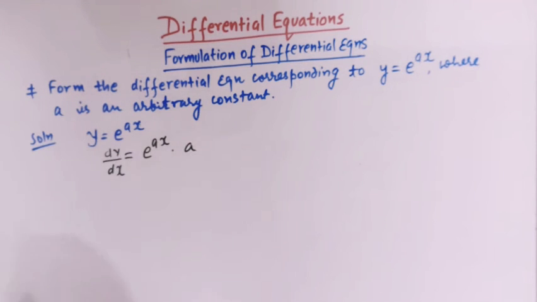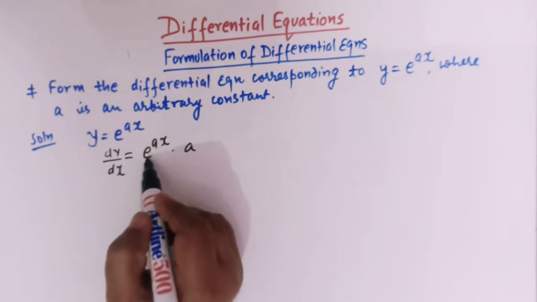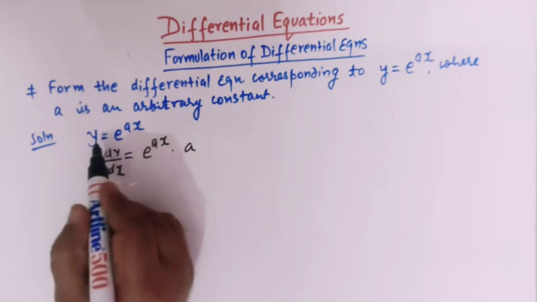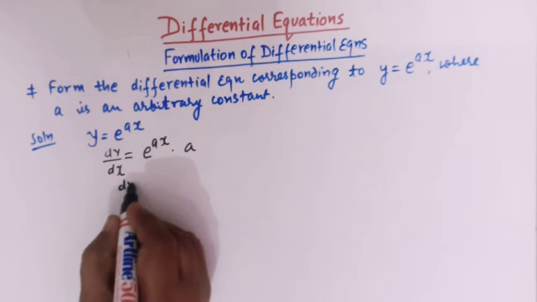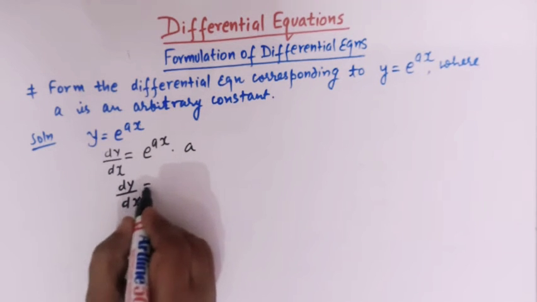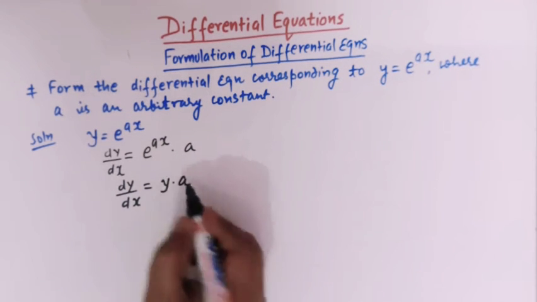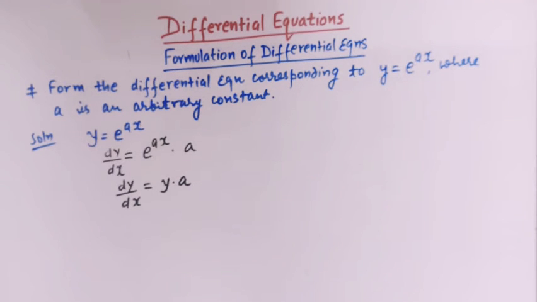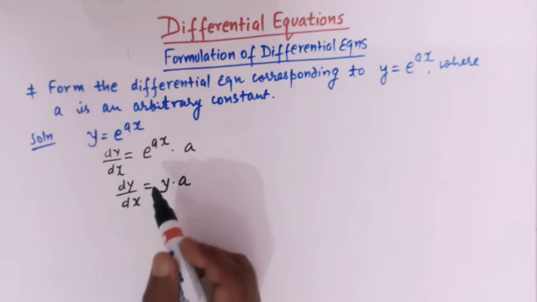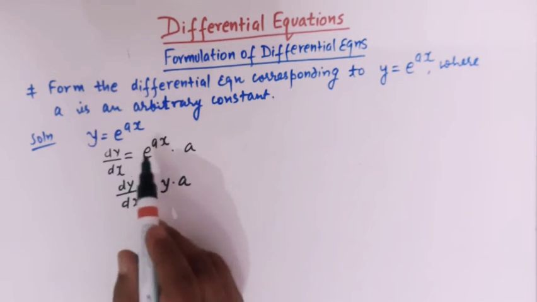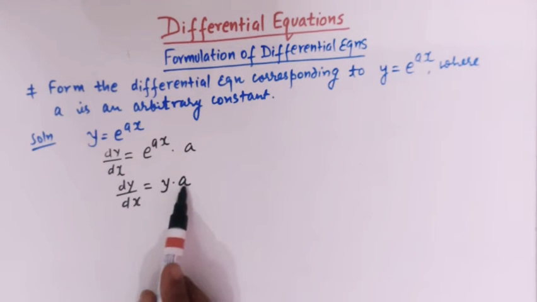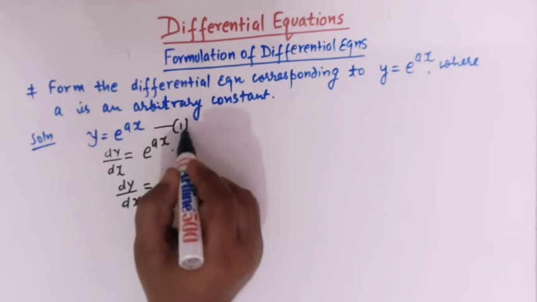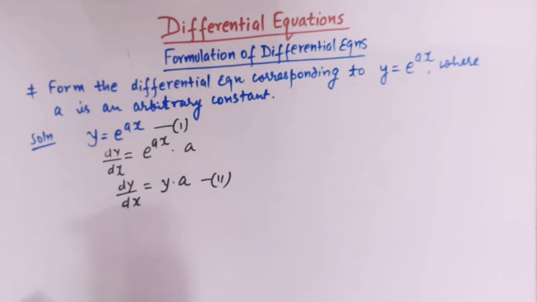So now for e raised to ax we can write y, so we can write dy over dx is equal to y times a, right? Now in the differential equation we should not have a, so we have to eliminate this a from this equation and this equation, right?